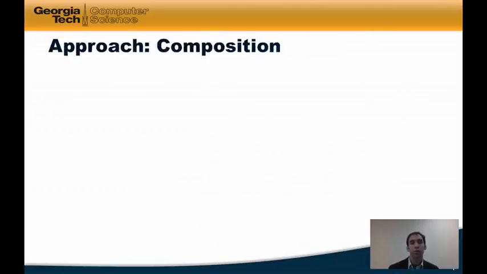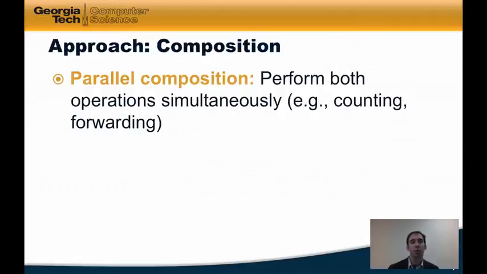The approach to this problem is to apply what is called composition. There are two types of composition operators. One is parallel composition, where the control module performs multiple operations simultaneously. For example, the operator might want the control program to perform counting and forwarding on the same traffic stream.